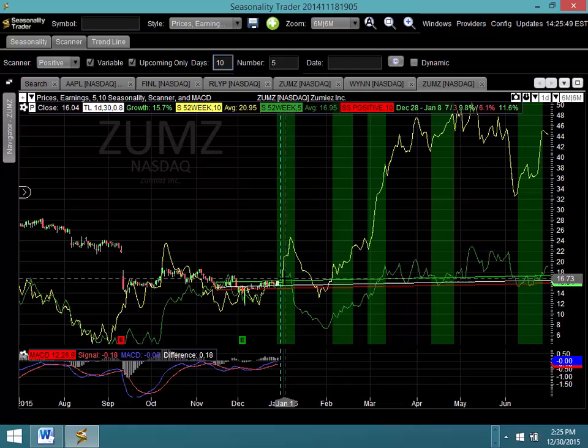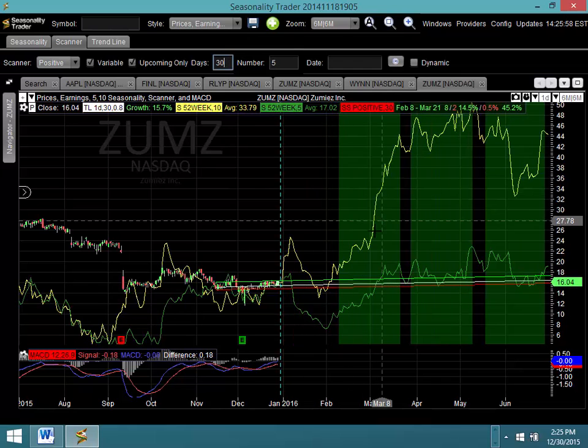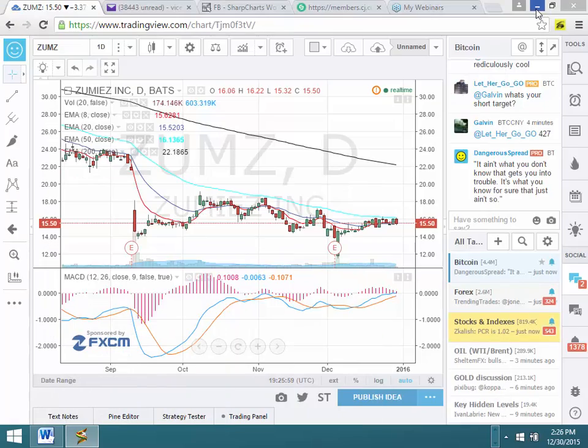Obviously this one's a small one upward, and then you get the big move here. We see the 30-day move in February, so the seasonality will definitely start kicking it up. I like this trade a lot, but I'm not going to pull the trigger yet until we get the confirmation.